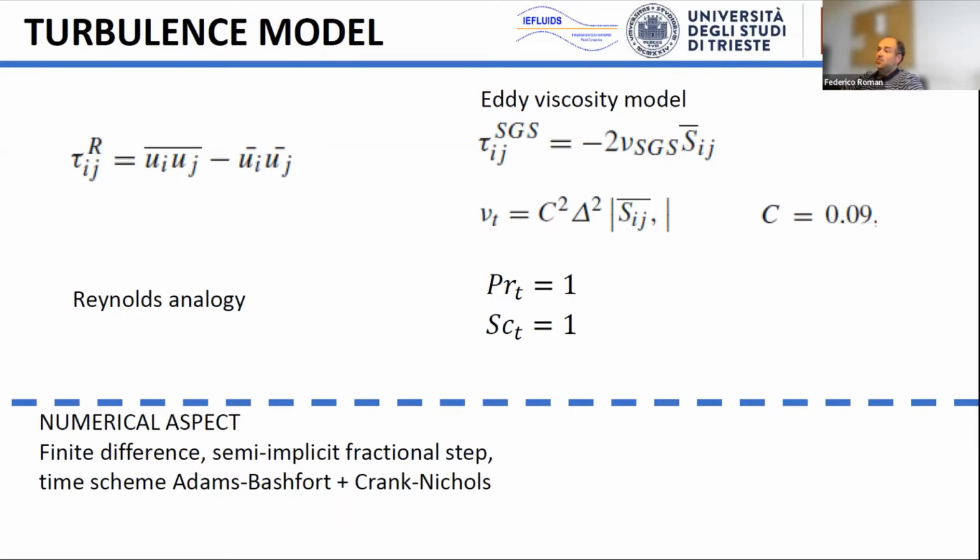And in this way, there is a problem because this length scale that appears in the eddy viscosity model tends to provide a filtering that acts in all the directions in the same way.